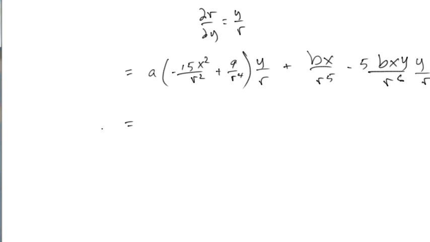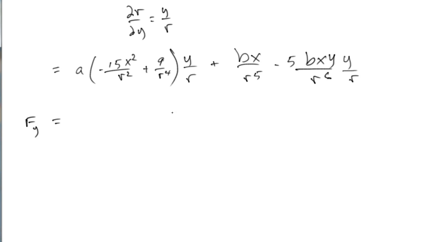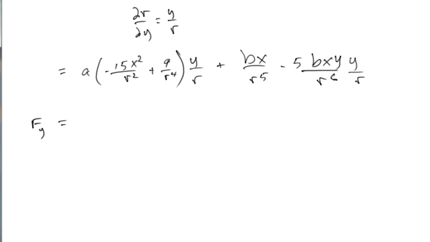So f sub y equals, I'm going to multiply that y over r through: a times, I'm going to call it 9y over r to the 5th minus 15x squared y over r cubed.